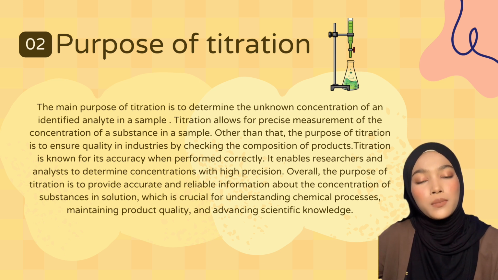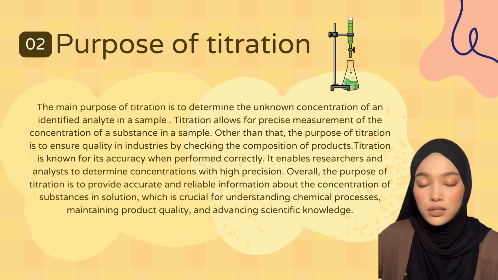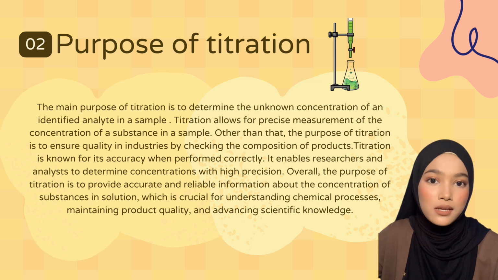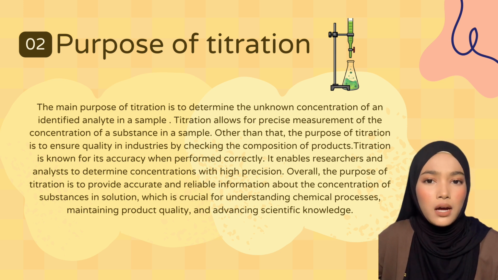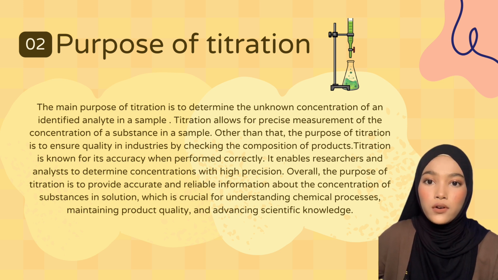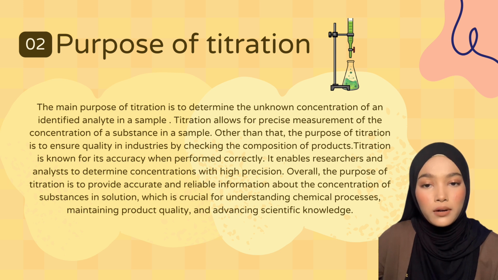Titration allows for precise measurement of the concentration of substances in a sample. Other than that, the purpose of titration is to ensure quality in industry by checking the composition of products. Titration is known for its accuracy when performed correctly.